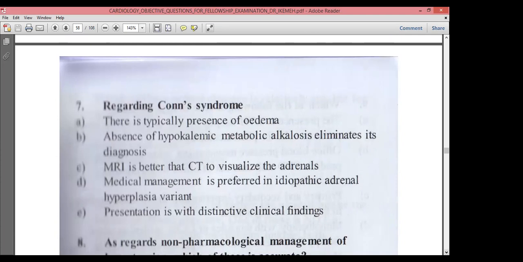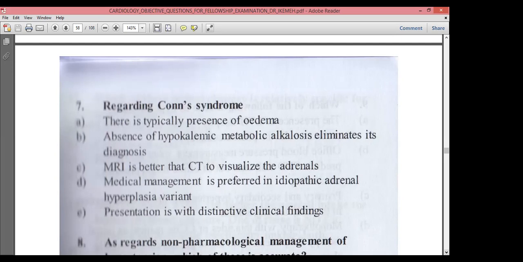Generally there are two major pathologies that account for over 90% of hyperaldosteronism: either adrenal adenoma or bilateral adrenal hyperplasia. So these are the patients who present with hypertension with hypokalemia as a result of excess aldosterone secretion.